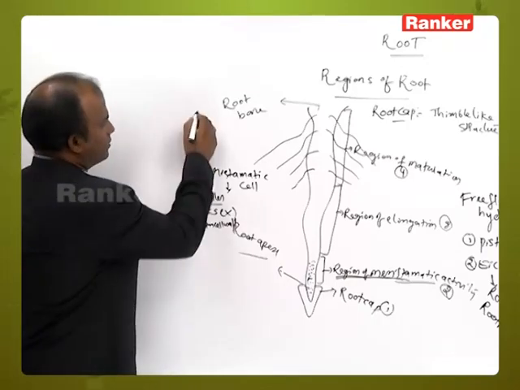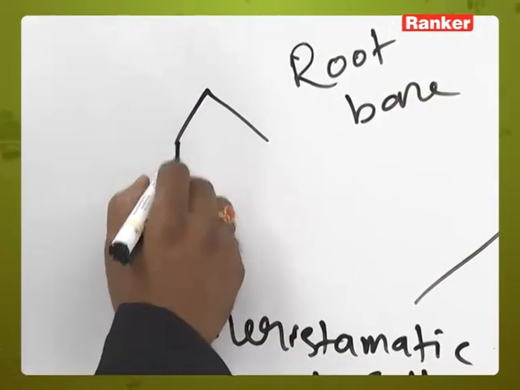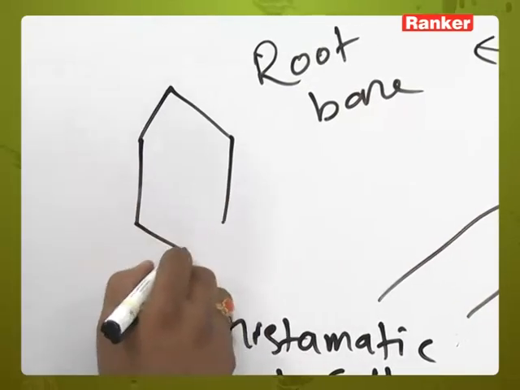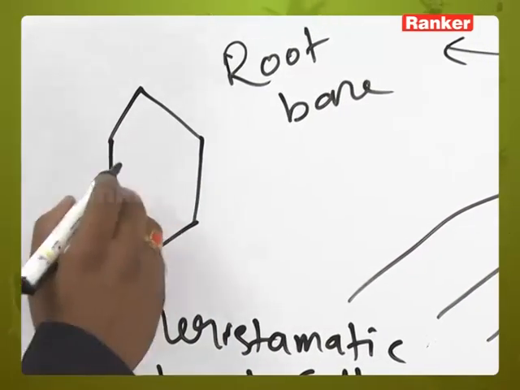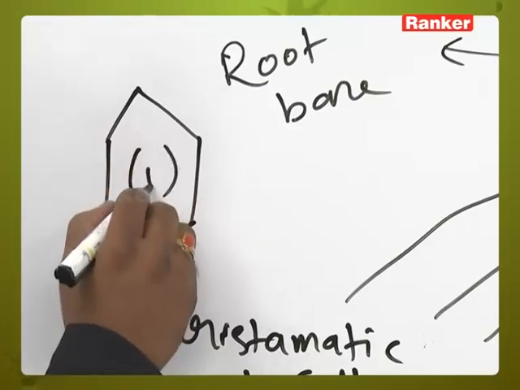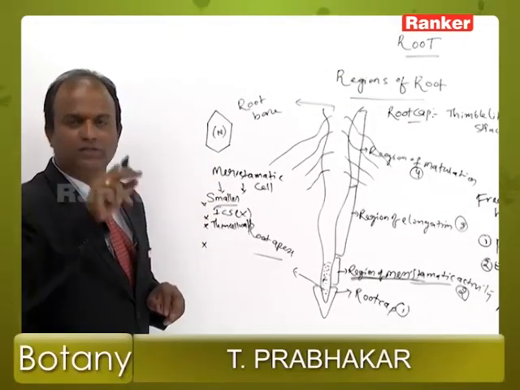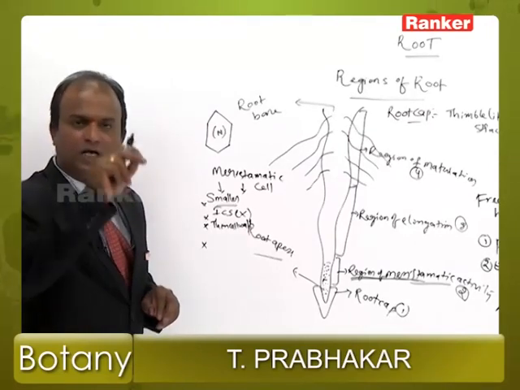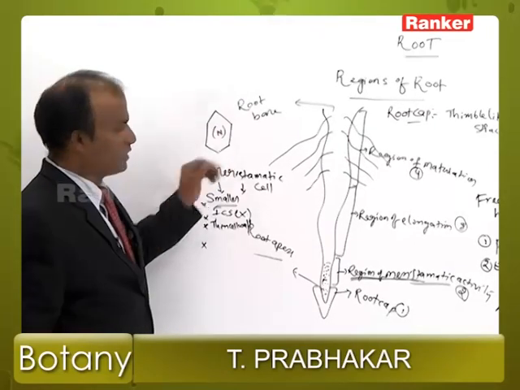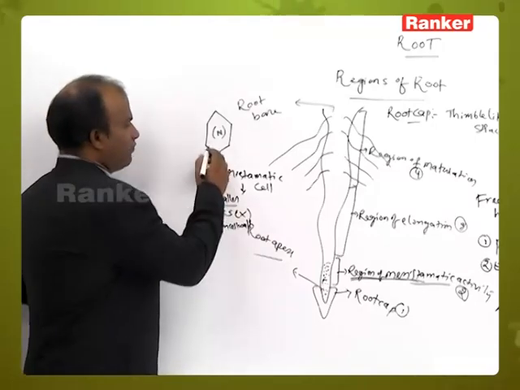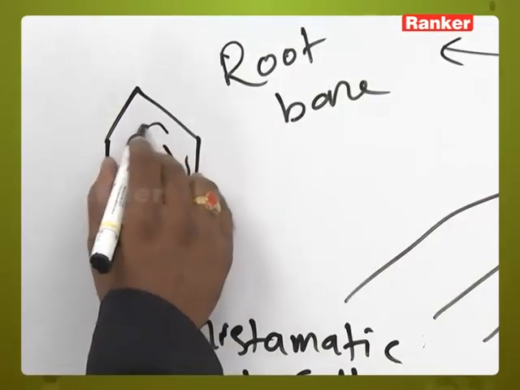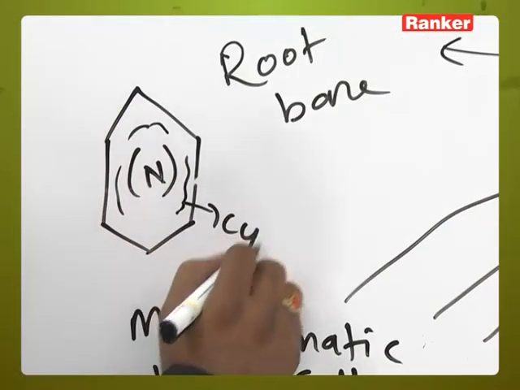Think of this one as a meristematic cell. The large conspicuous nucleus is present towards the center of the meristematic cell, surrounding which it shows cytoplasm.